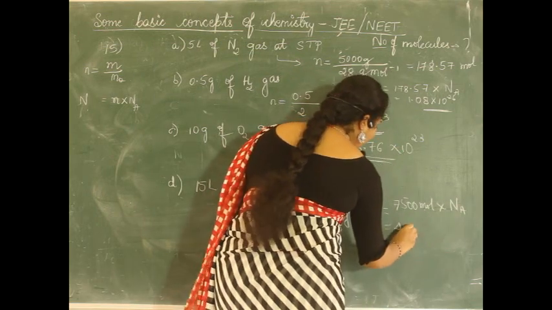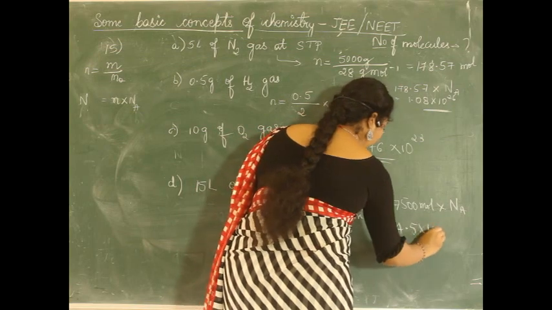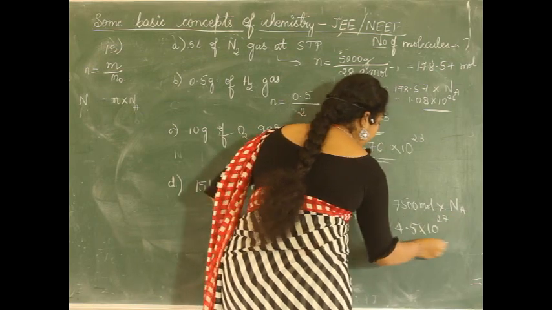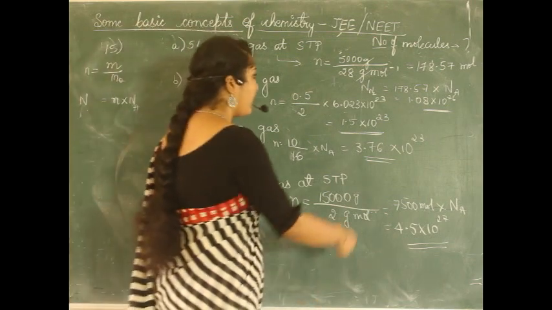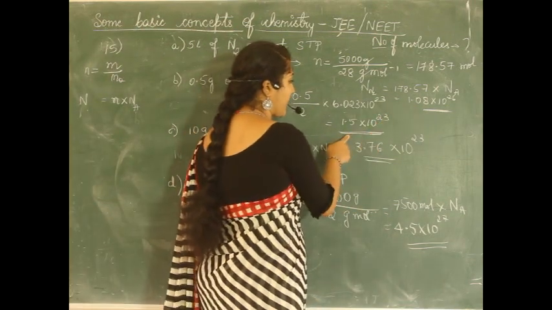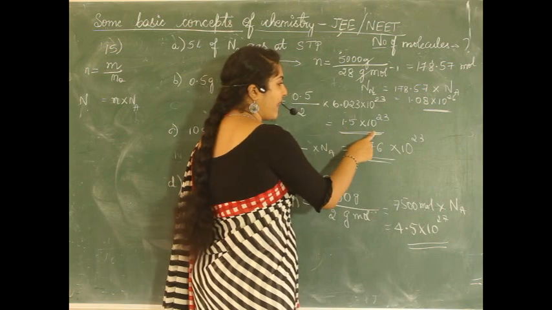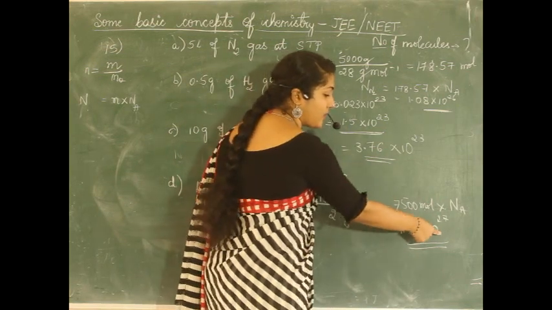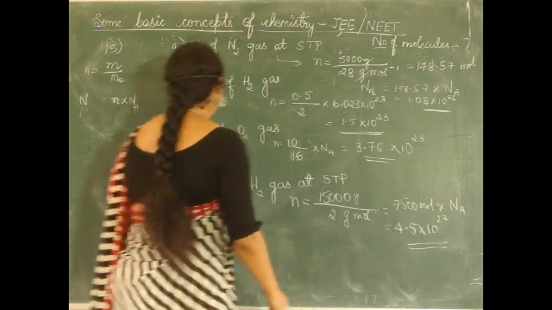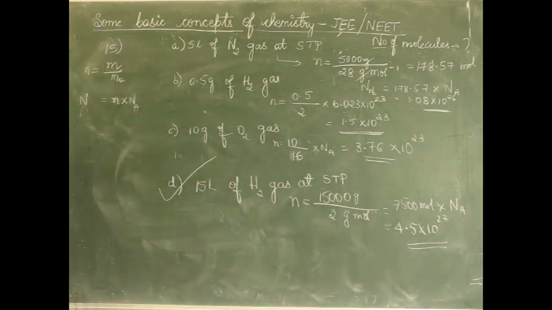You will get it around 4.5 into 10 to the power 27. Which is the right option here? Which has more number of molecules? See, 1.08 into 10 to the power 26, 1.5 into 10 to the power 23, 3.76. Here 4.5 into 10 to the power 27. So option D is the right answer.